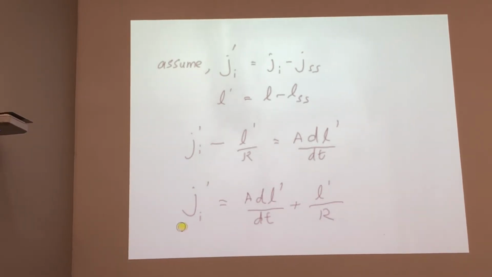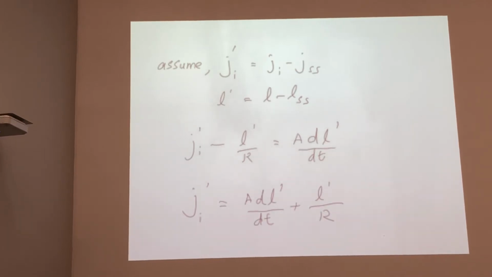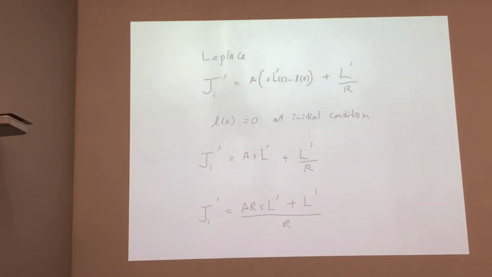So once you have this equation already, J prime equal to A dL prime dt plus L prime divided by R, this equation itself is a differential equation. Only after this step, I need to start doing my Laplace. When I Laplace, this one becomes what? Laplace J becomes capital J prime.